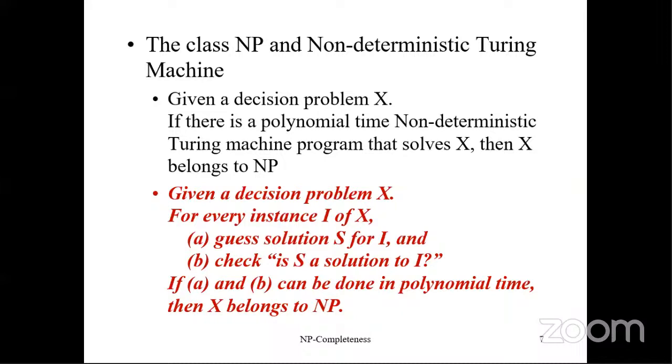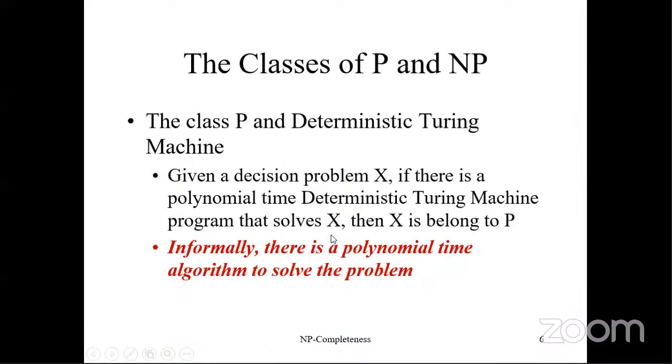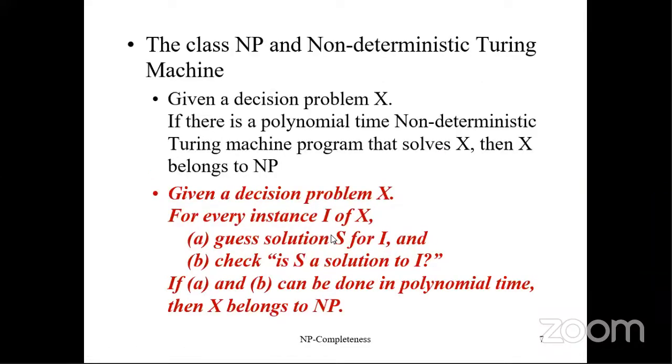You see that this problem now is a non-deterministic Turing machine program. This kind of guess is unlike what you have here that solves the problem in polynomial time. When the program that solves the problem is a non-deterministic program, then X belongs to the class called NP. Or if it is solved by a deterministic Turing machine, it belongs to P.